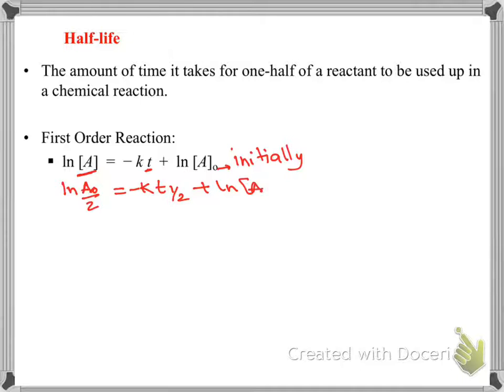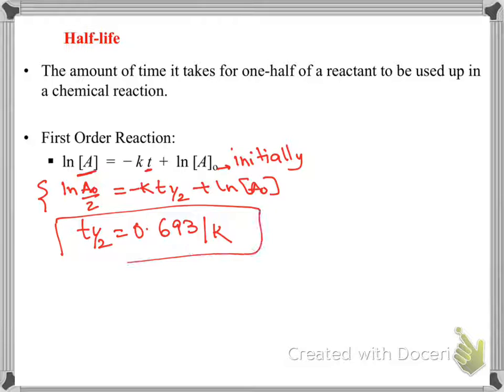With all the rearrangements, you will see that the answer comes out to t half equals 0.693 over k. That is your half-life. That means to find the half-life in a first order reaction, you just need the value of k. The half-life is independent of the concentration.